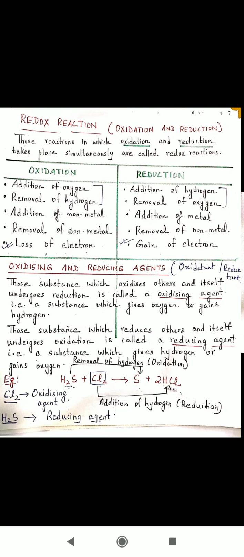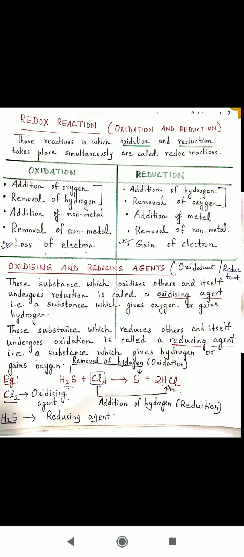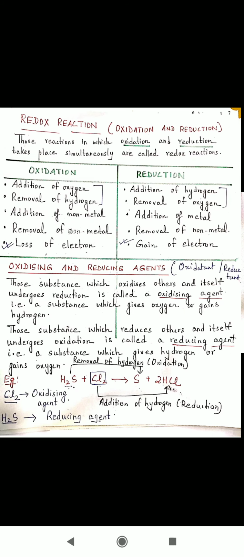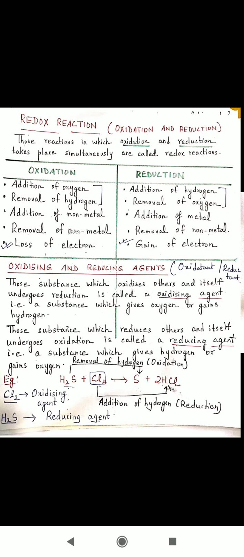In this reaction, if you compare, when H2S changes to sulfur, what happens here? Removal of hydrogen takes place. So removal of hydrogen, as per the definition, is oxidation. So the substance undergoing oxidation is H2S.